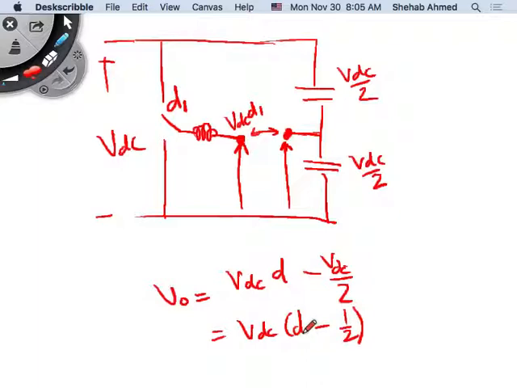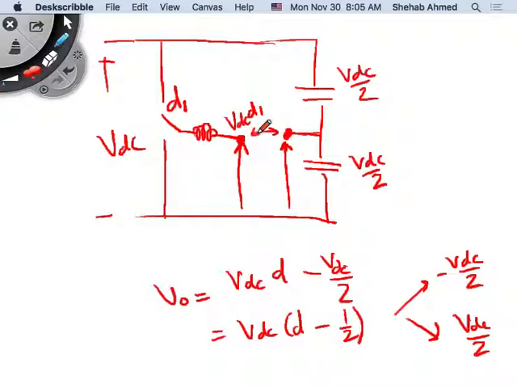D varies between 0 and 1, so if it's 0, it's minus VDC over 2, and if it's 1, it's VDC over 2. So the half bridge inverter can provide maximum voltages on the load of plus minus VDC over 2. The full bridge can provide a maximum range of voltage on the load of plus minus VDC, right?